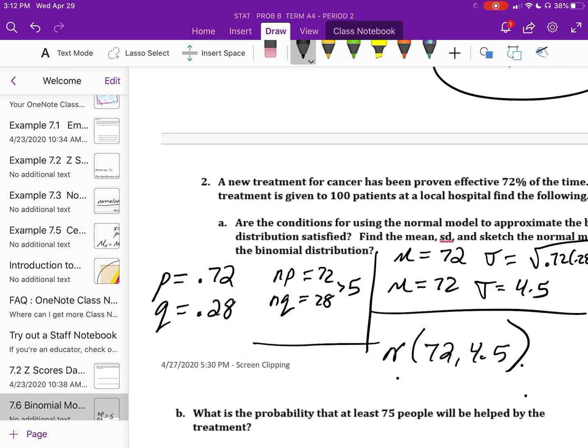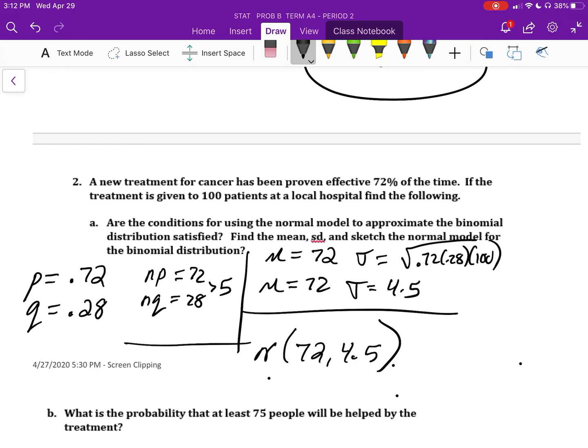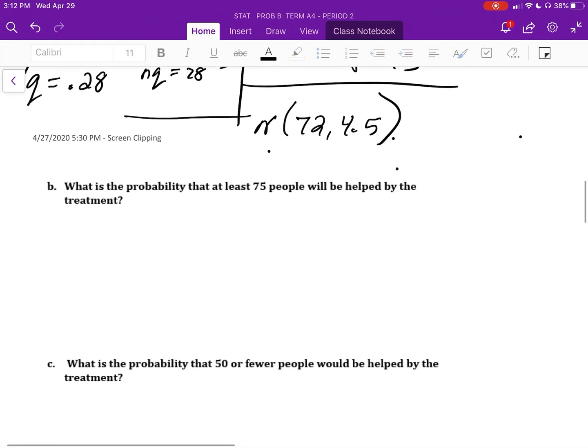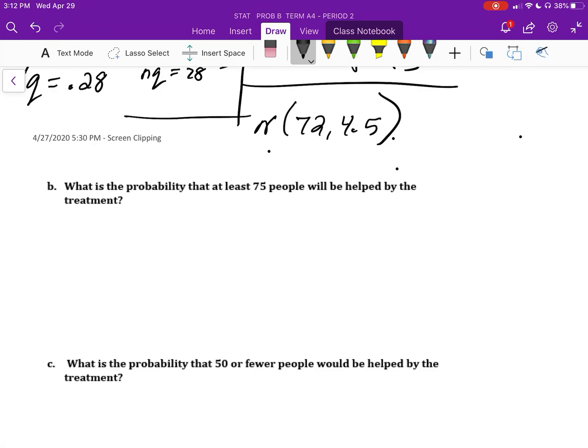So if we look at this model for a question, what is the probability that at least 75 people will be helped by the treatment? So at least means 75 or more. So we want to know the probability that the number of people helped is greater than 75.